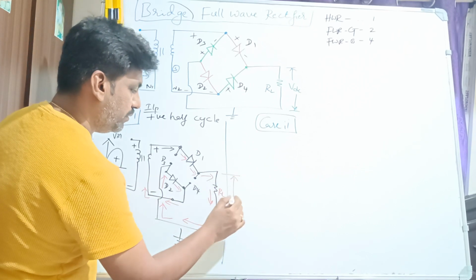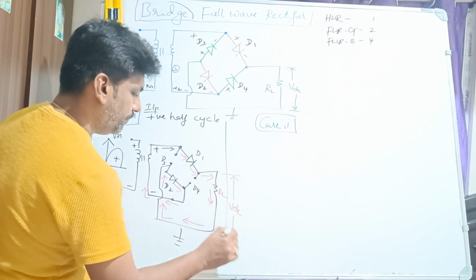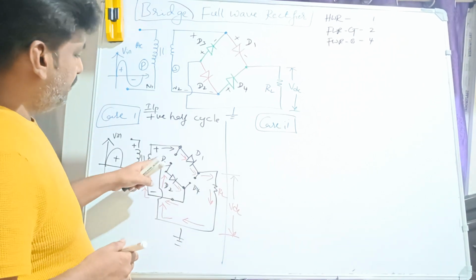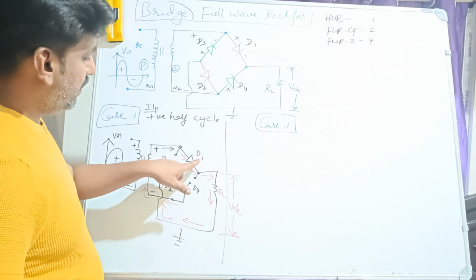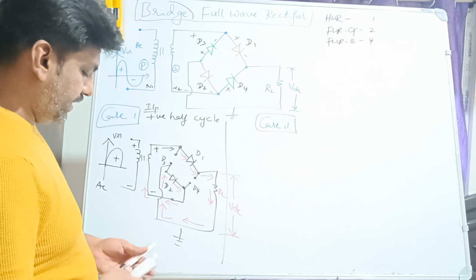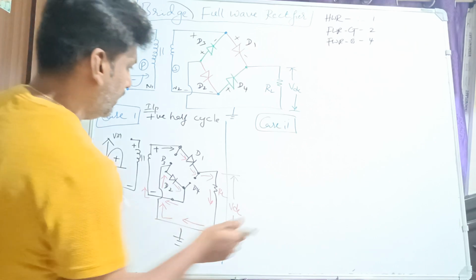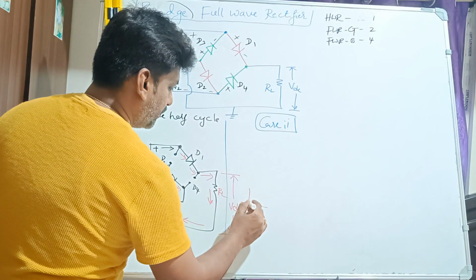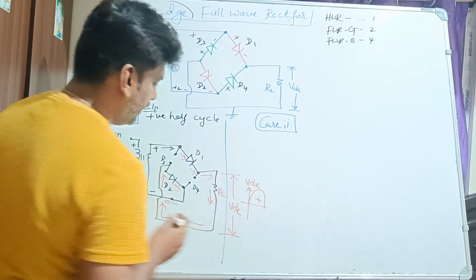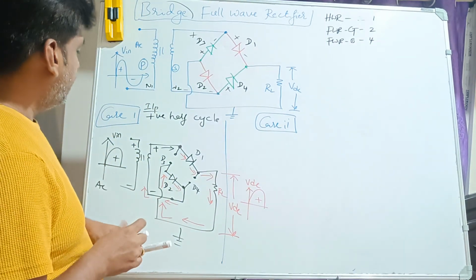Through this you measure VDC. So the current I flows through two diodes, diode D1 and diode D2. This is the output you get for the positive half cycle, VDC, right?